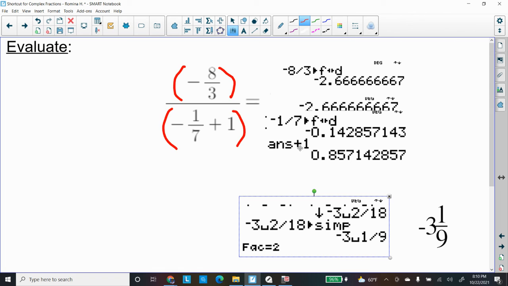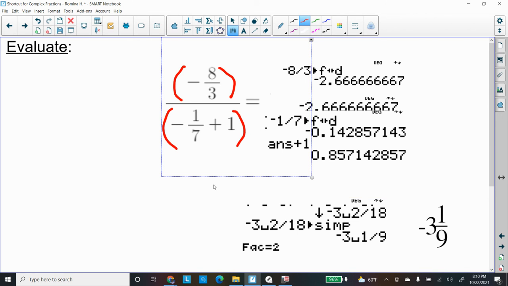Whether you like the decimals, some people do, and want to deal with all those repeating decimals, go right ahead. But I recommend the shortcut of using parentheses around the numerator divided by parentheses around the denominator, and you can't go wrong that way. So be careful, and hopefully you'll have good success with it.